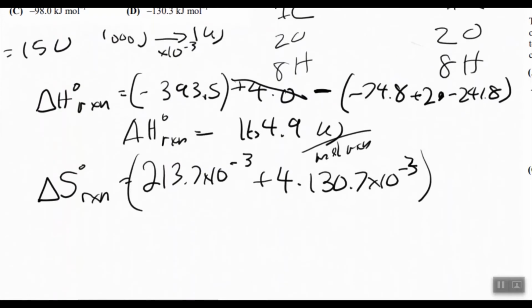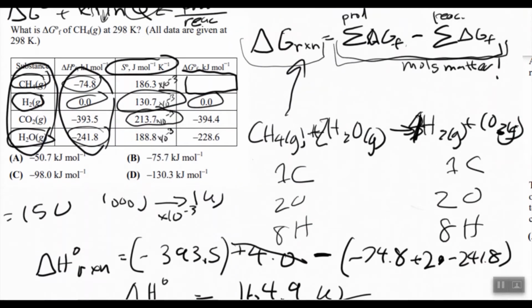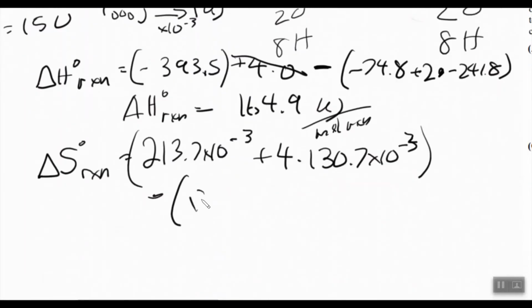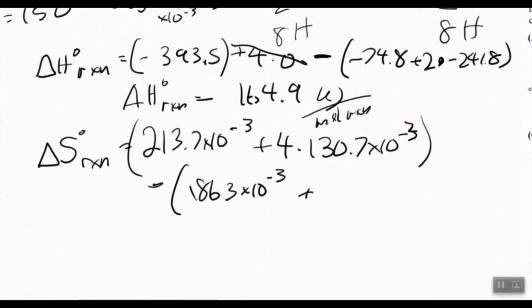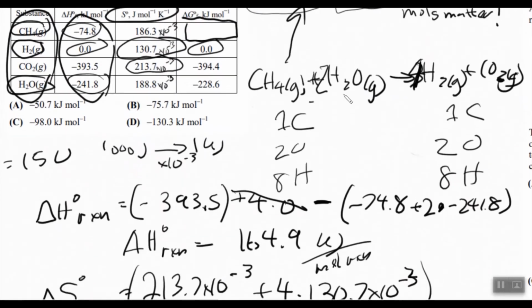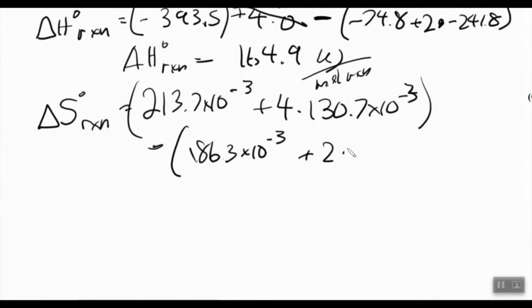And we are going to be subtracting the entropies of the reactants. CH4 is 186.3 times 10 to the negative 3 plus, we have two H2Os, so 2 times 188.8 times 10 to the negative 3 to convert to kilojoules.